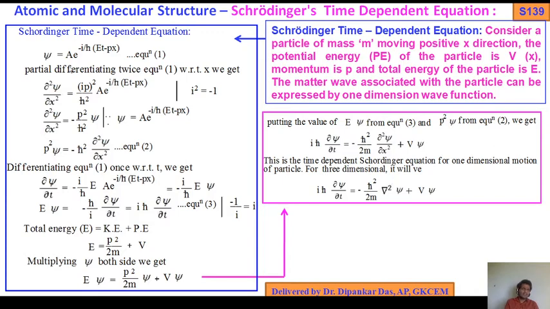When we discussed the Schrödinger time independent equation, we wrote the wave function like this: A e to the power i by h bar (px minus Et). But here we are using the wave function psi equals A e to the power minus i by h bar (Et minus px).